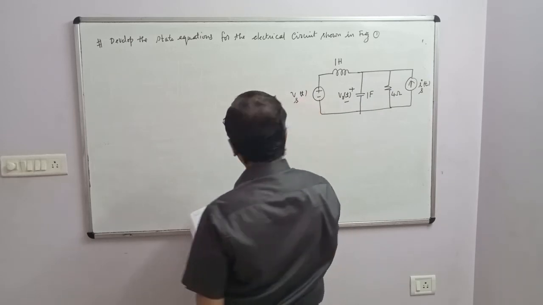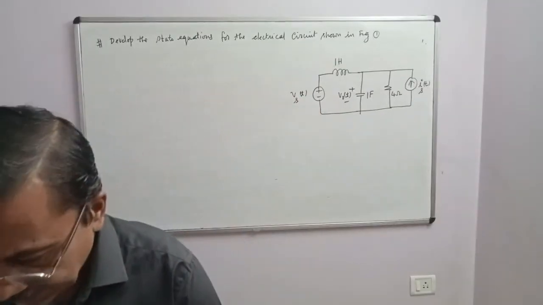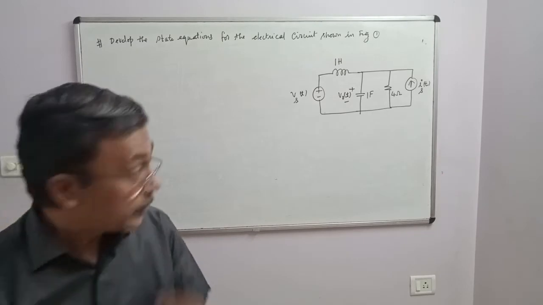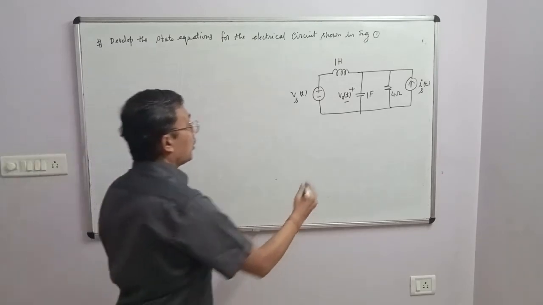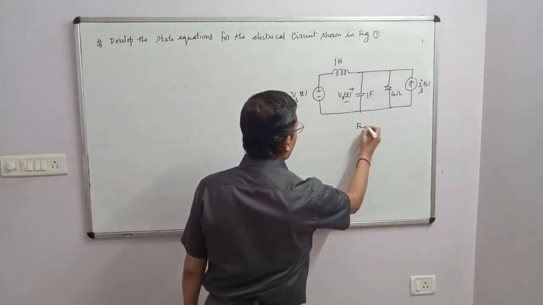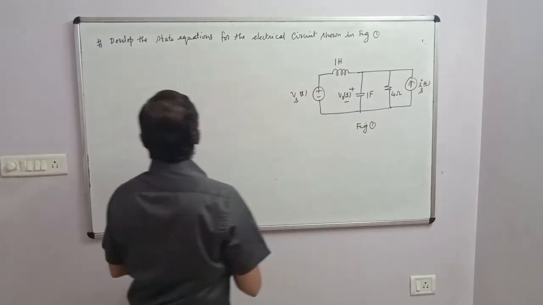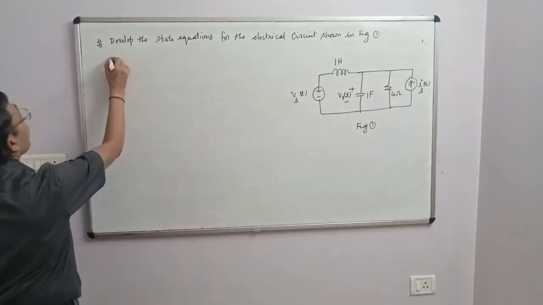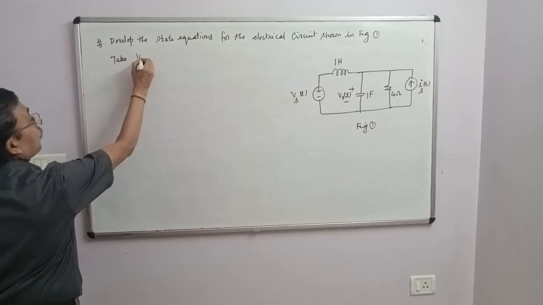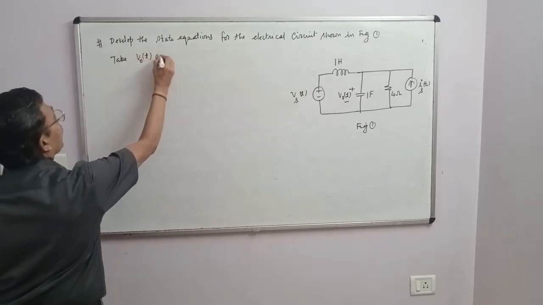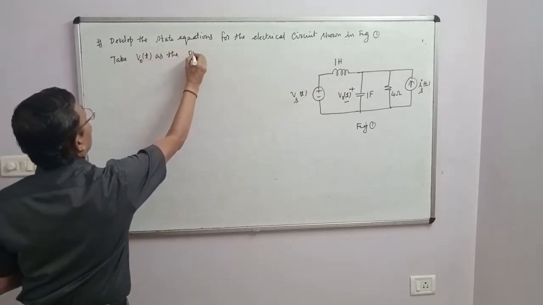This is Vs of t. This is the problem. So this is figure number 1. Take V naught of t as the output.